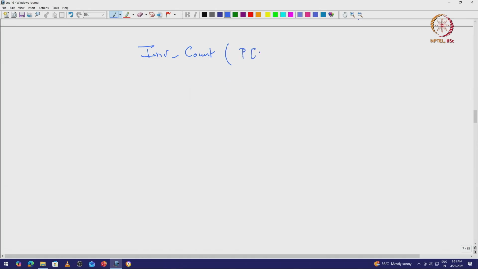You are given a permutation and your inversion count should be output in a variable called IC. If n equals 1, IC equals 0, there is no inversion, right. Else, m equals floor of n by 2.